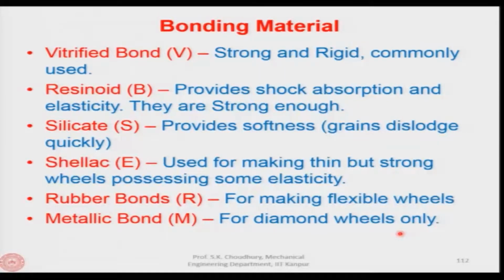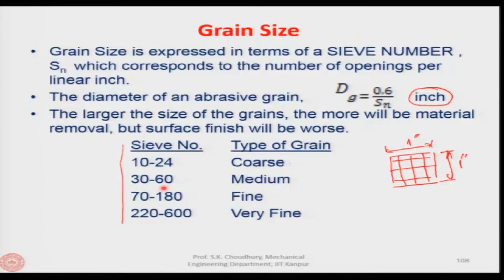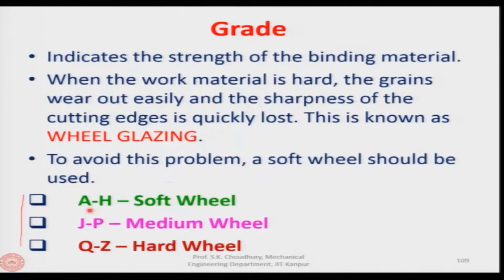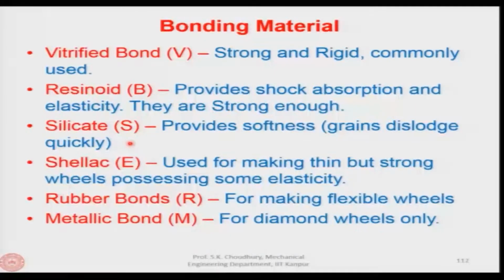Okay. Now, you must have seen that each of these is characterized by a number and a letter. All right. For example, for abrasive material, here we have an alphabet, next to that we have a number, next to that we have an alphabet again, then again a number, and so on.